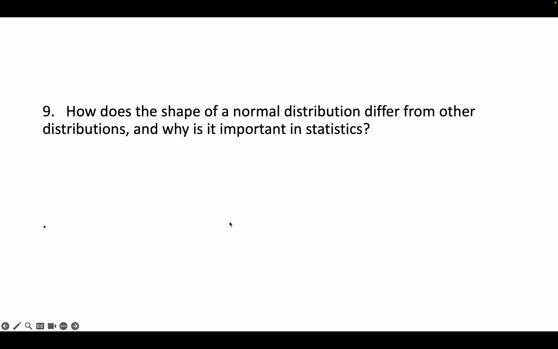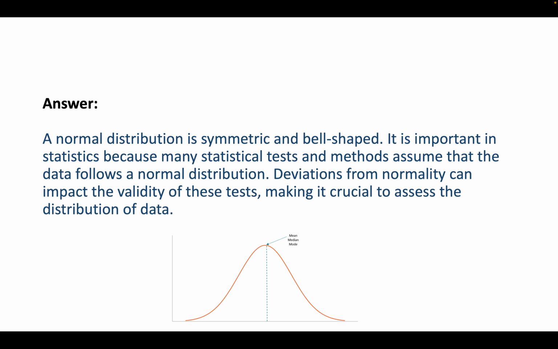Question 9. How does the shape of a normal distribution differ from other distributions, and why is it important in statistics? A normal distribution is symmetric and bell-shaped. It is important in statistics because many statistical tests and methods assume that data follows a normal distribution.